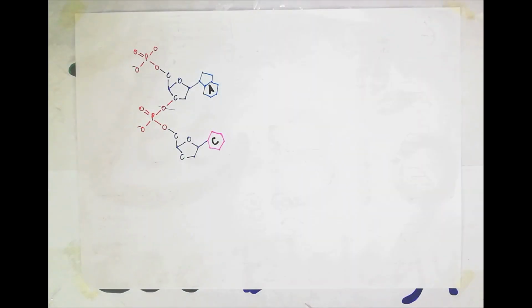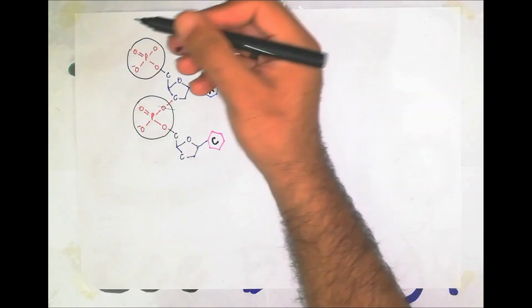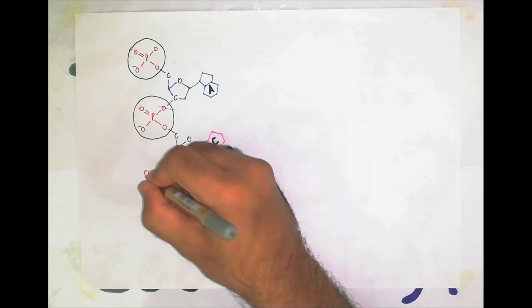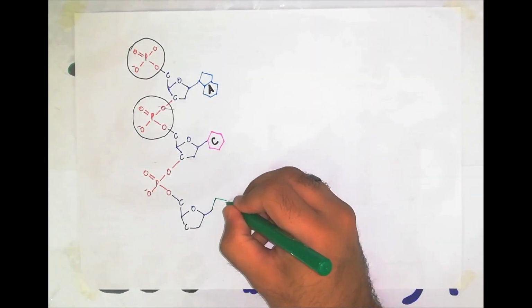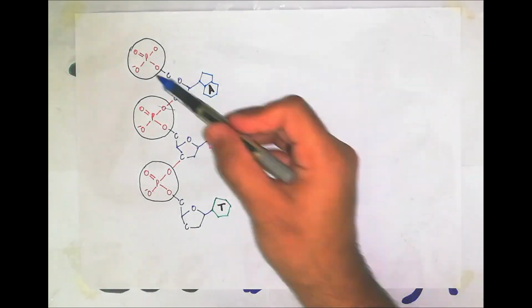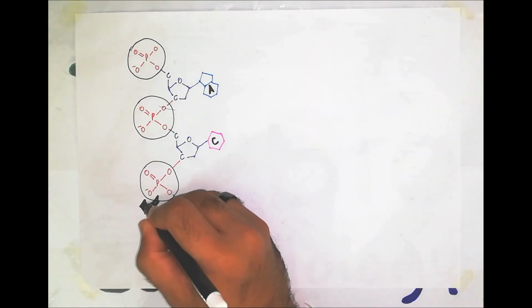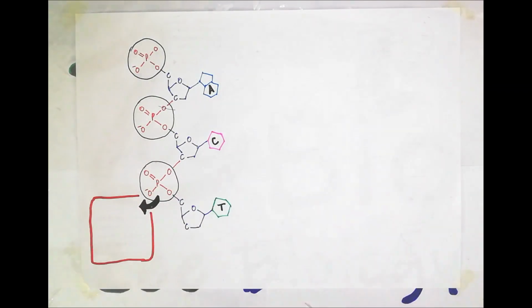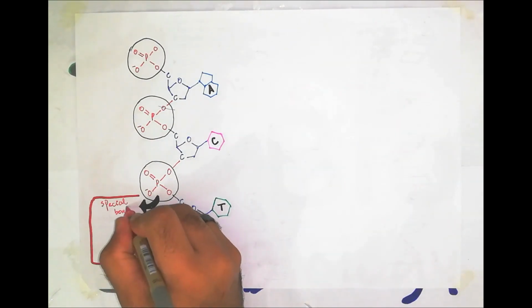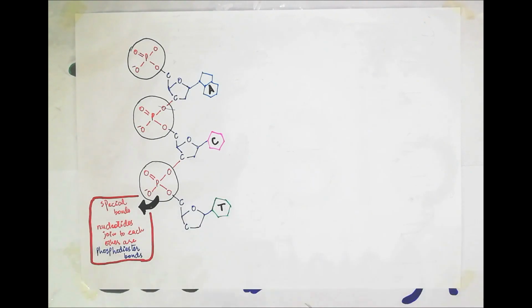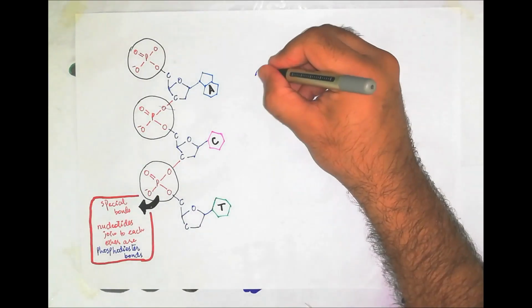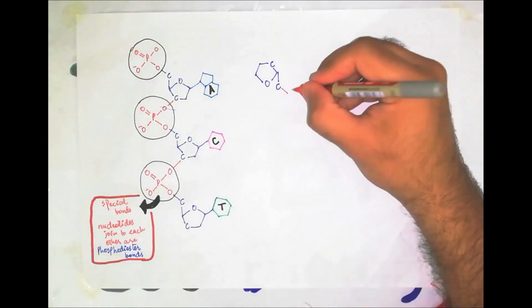So this here is the structure of one strand of DNA, the single strand of DNA in which we have a sugar phosphate backbone. Similarly, the next nucleotide will join to this carbon 3 of this nucleotide. Now the attachment obviously is done with the help of special bonds. These bonds are called phosphodiester linkages.